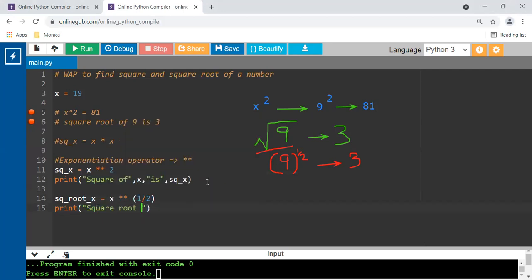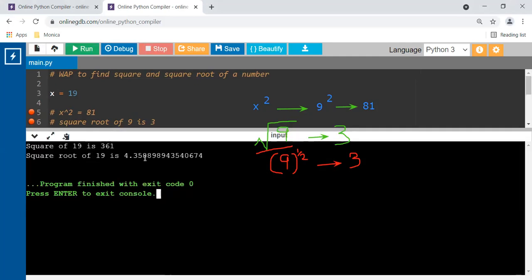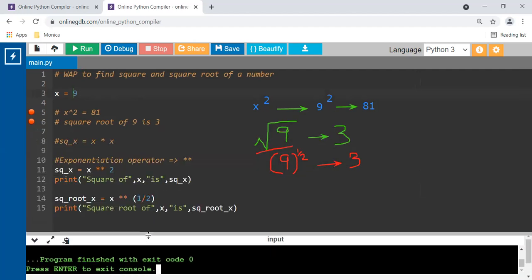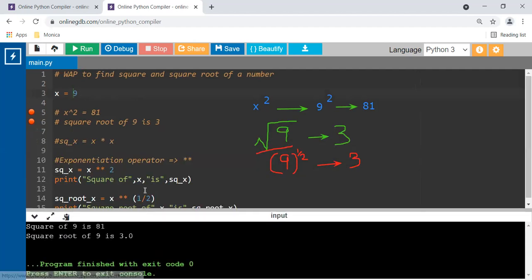Square root of x is, 3 in our case. So let's run the program. We got square root of 19 is 4.358. Let's change this to 9. Run the program and we get the answer as square root of 9 is 3.0. Okay, we got the output correctly.